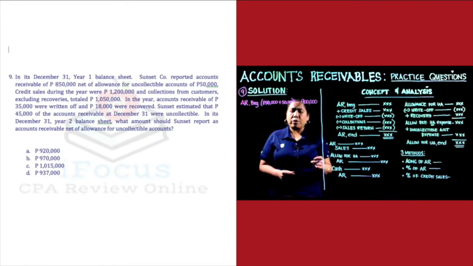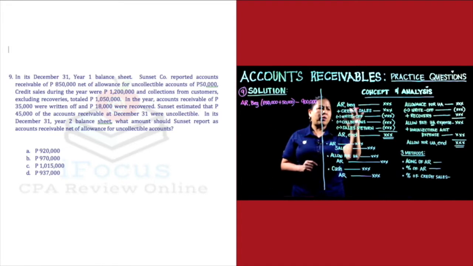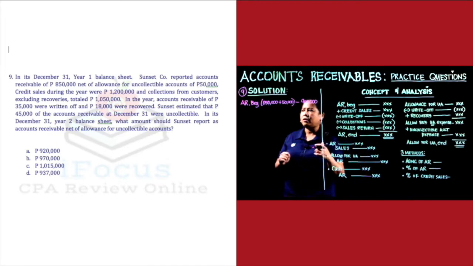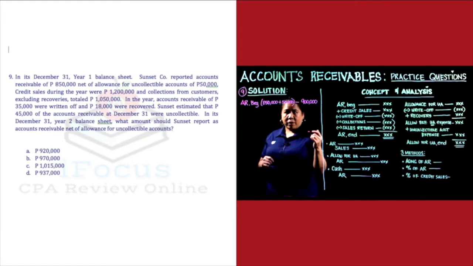Credit sales during the year were 1,200,000. So, sa credit sales, that's an addition to our accounts receivable beginning. Kasi ang entry natin sa credit sales is debit to accounts receivable and credit to sales. So, when you debit an accounts receivable, nag-a-add ka po sa accounts receivable mo. Alright? So, we add our credit sales.